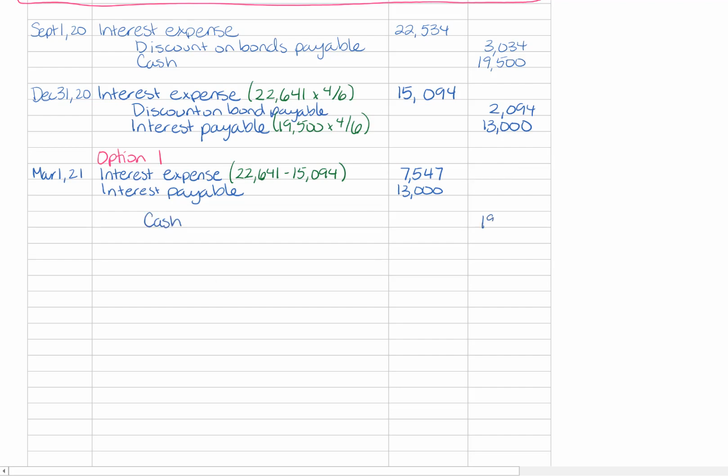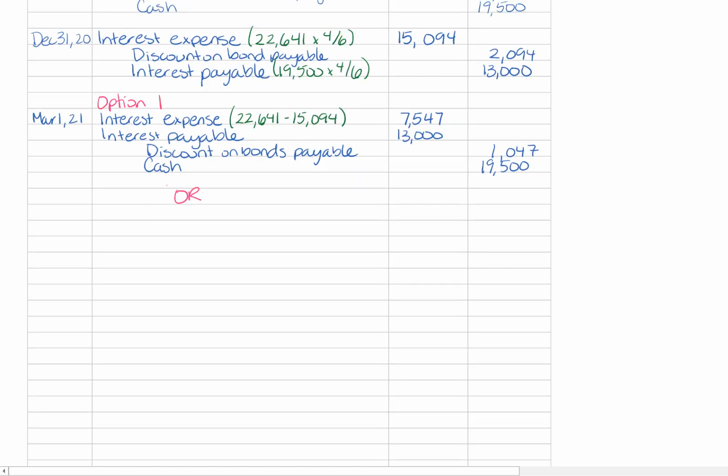After this journal entry and after this cash payment, I don't owe the bondholders this interest anymore because it's been paid out. My discount on bonds payable is being calculated as $3,141 from my table minus $2,094. And I know I'm paying out cash of $19,500. So that is going to be credit to cash. And so that's option 1.